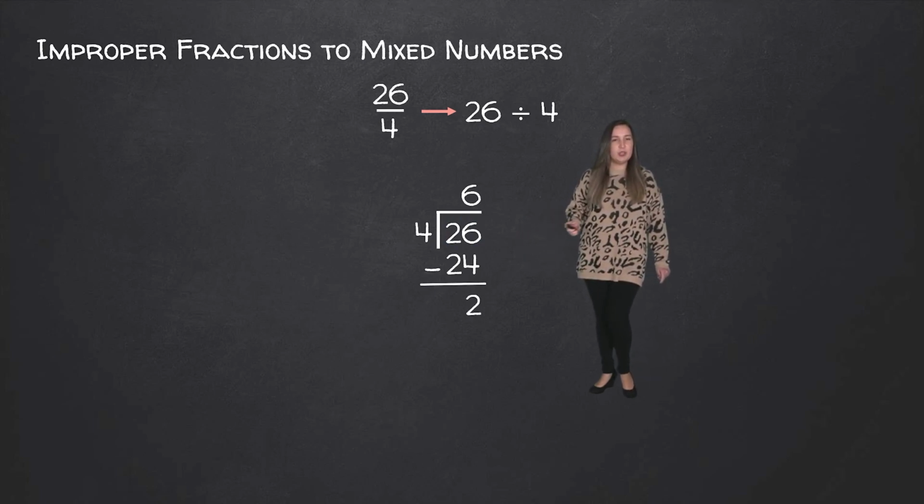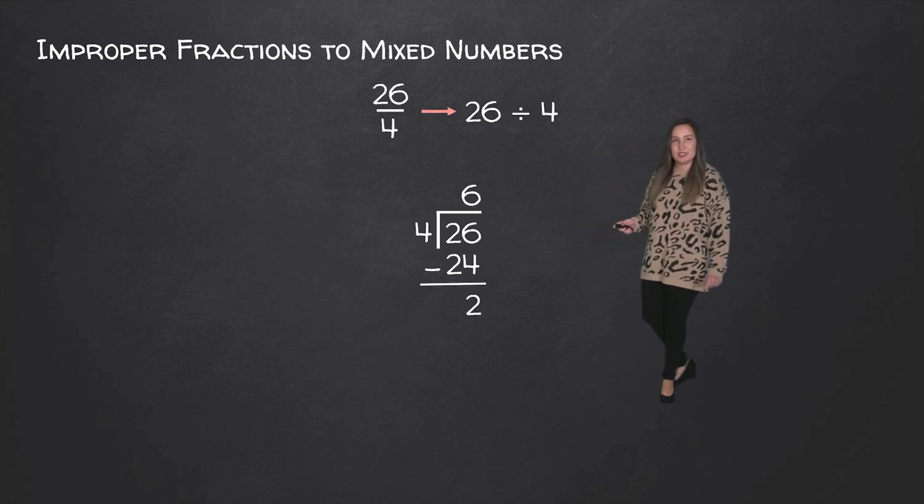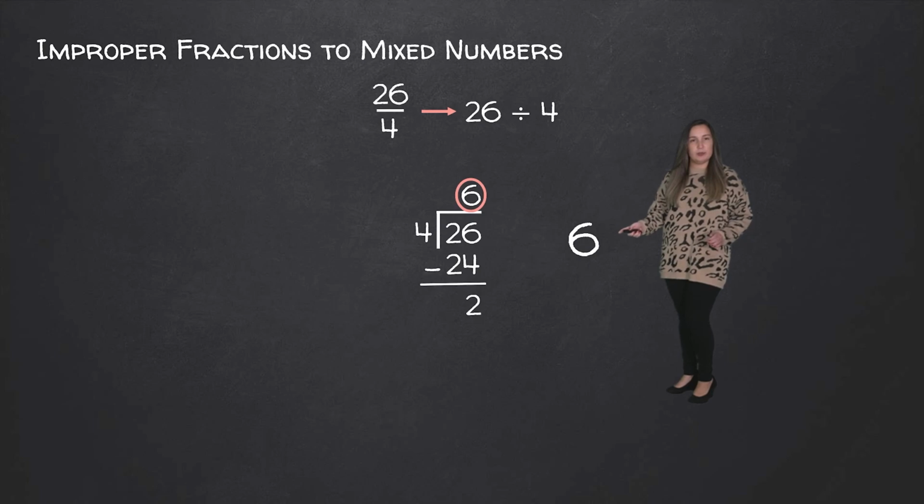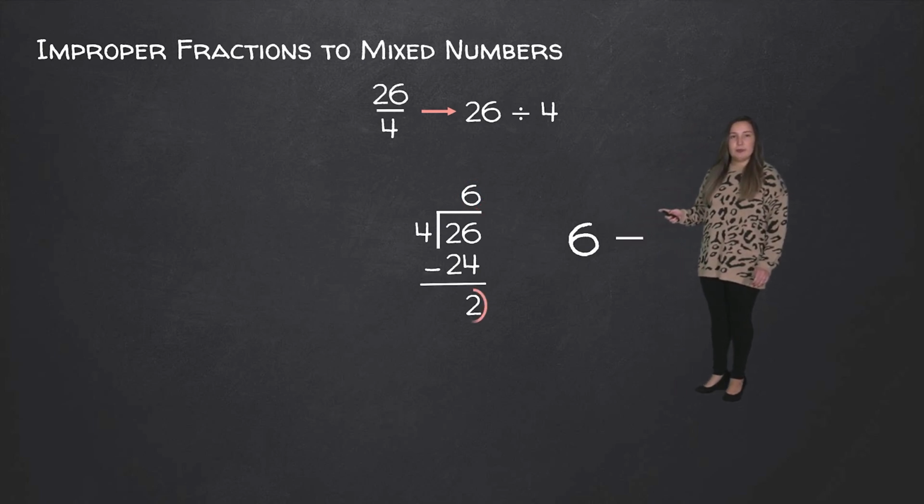And so we're going to go ahead and write this as a mixed number. So we know that 4 goes into 26 6 whole times. That makes our whole number 6. And then we know that we have a remainder of 2, and that's our numerator. And we're dividing by 4, so that is going to be our denominator. All right?